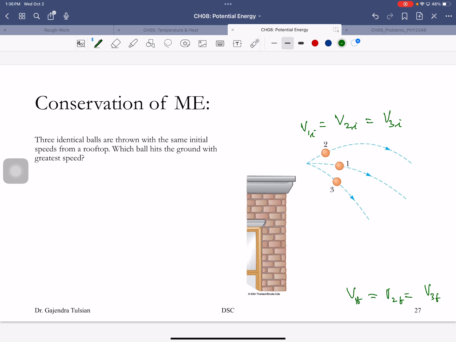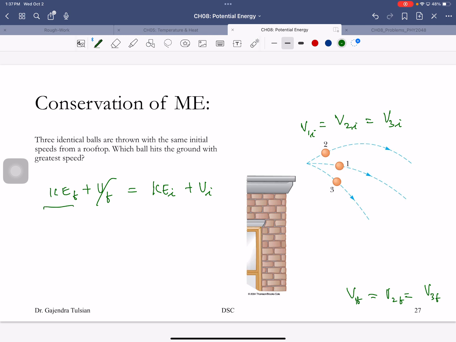So what our friend realized was kinetic energy final plus potential energy final equals kinetic energy initial plus potential energy initial. The initial launch point is the same. This is the same for all of them. And this is 0 for all of them, so final kinetic energy will be the same.